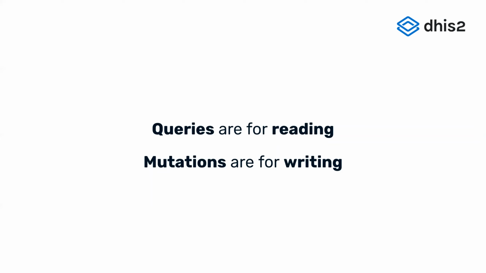So queries use a GET request for REST API, and mutations use basically all the other request types: put, patch, post and delete requests across the network, if you're familiar with REST API terminology.